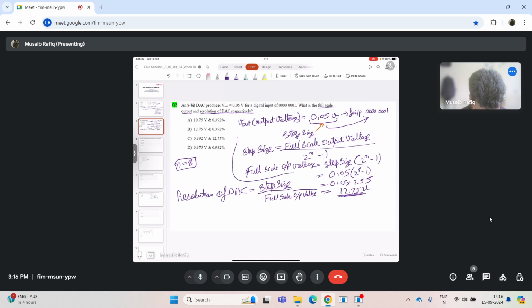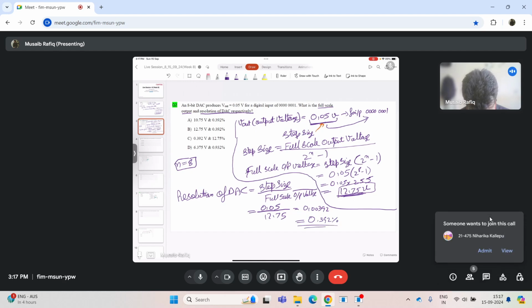Let me just separate this thing, otherwise people might be confused. So this step size is 0.05 volt, and my full scale output voltage is this, which I have just found, 12.75. If you divide this, it comes out to be 0.00392, and when we talk about percentages, we simply multiply it by 100 and we get 0.392%.